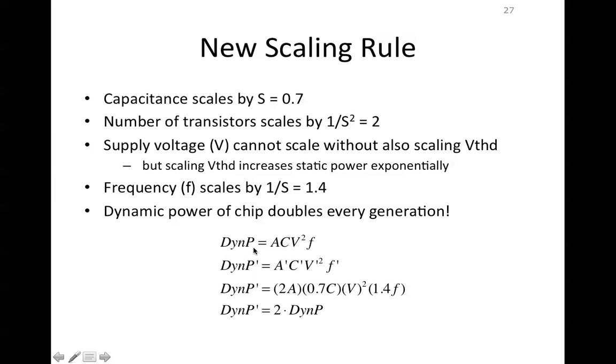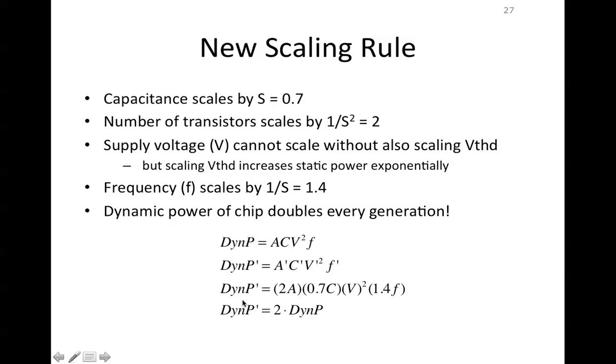The original dynamic power is ACV squared F. The new dynamic power is A prime, C prime, V prime squared, and F prime. There are twice as many transistors, 2A. There's 0.7 of the original capacitance. Now the voltage is the same as before because the threshold voltage cannot be reduced. And then there's 1.4 F.